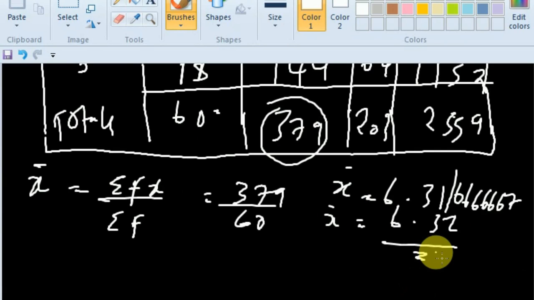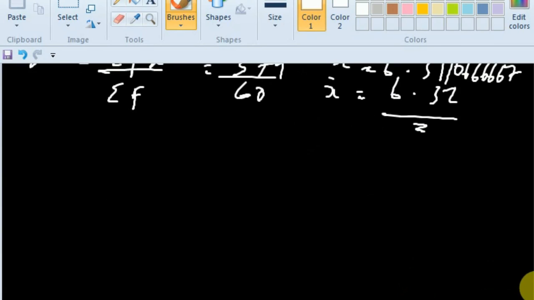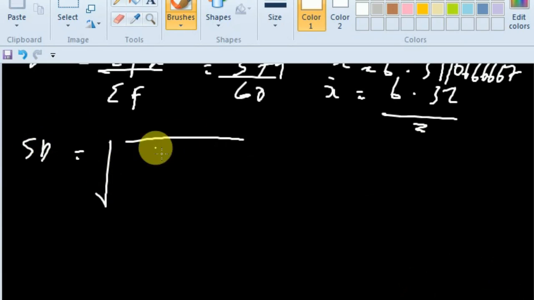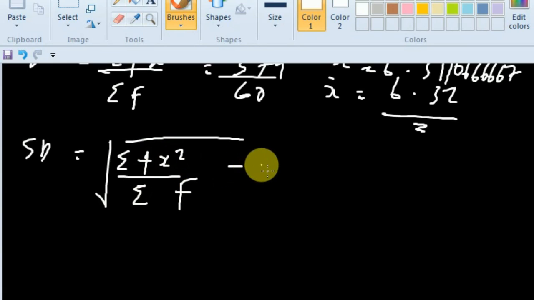And since we have calculated our mean, let us calculate the standard deviation. So standard deviation is equal to, we're going to use this formula, which says the square root of the summation of fx squared divided by the summation of f, minus the mean squared there.